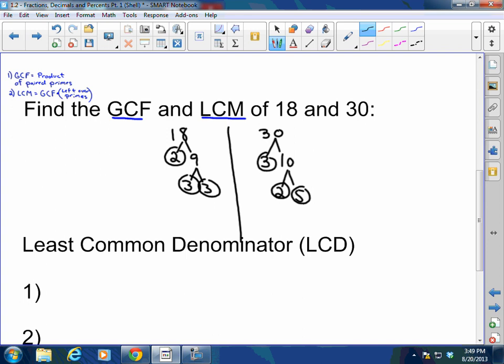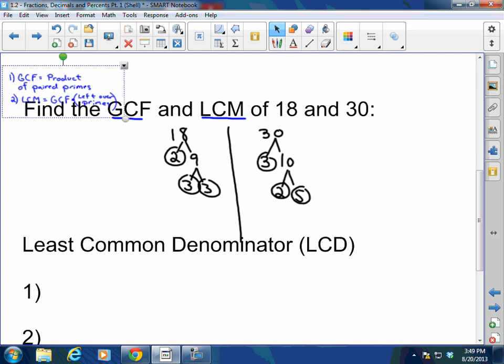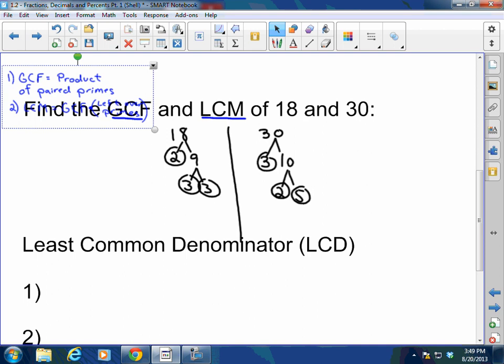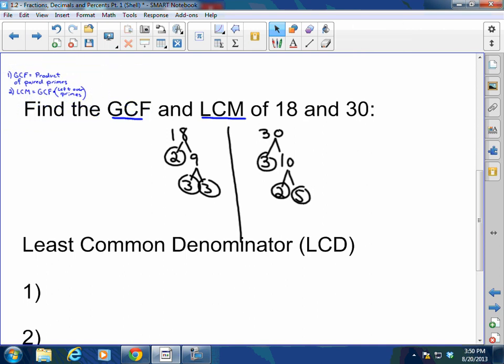Now, I had said that the GCF is the product of paired primes. So let me explain what paired primes mean. I'm going to list my GCF right here. You see how there's a 2 under the 18 and a 2 under the 30?